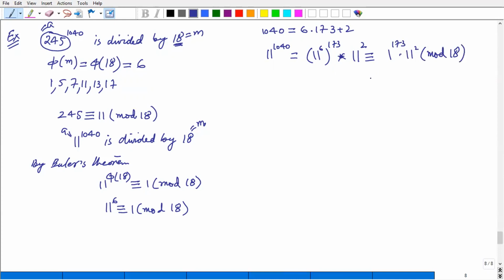Now it becomes very simple. 11 square is 121, and 121 modulo 18 is 13. So the remainder is 13.